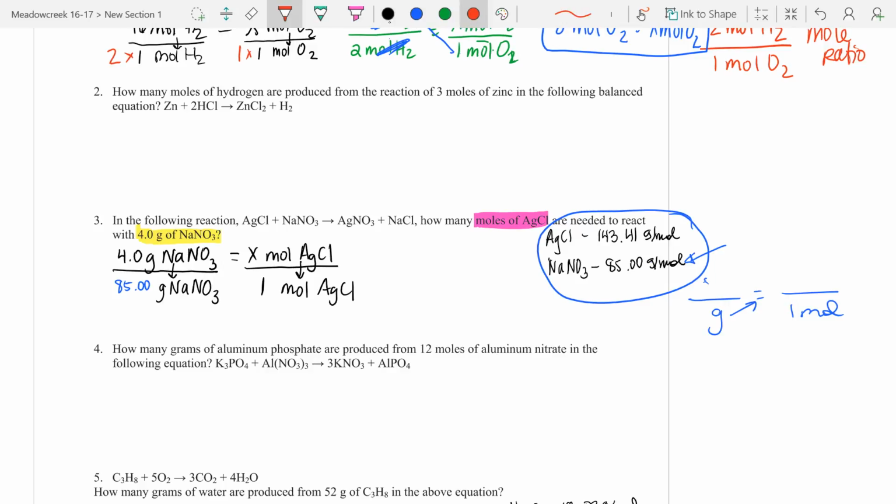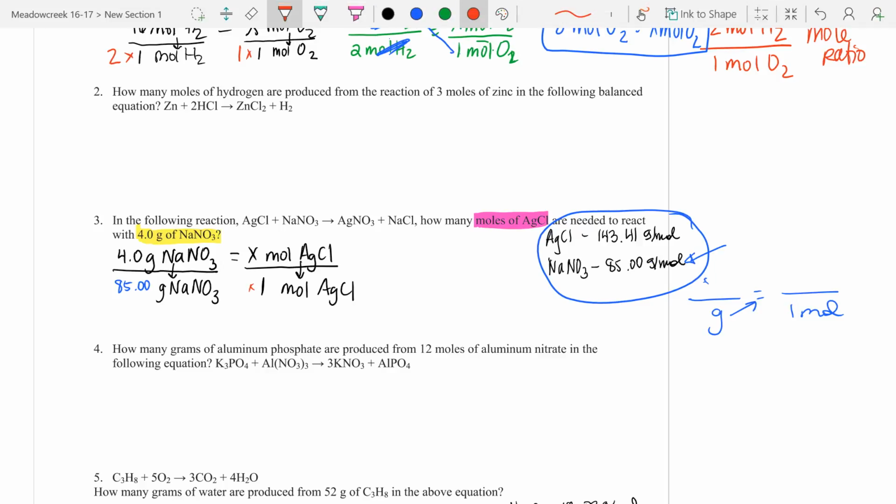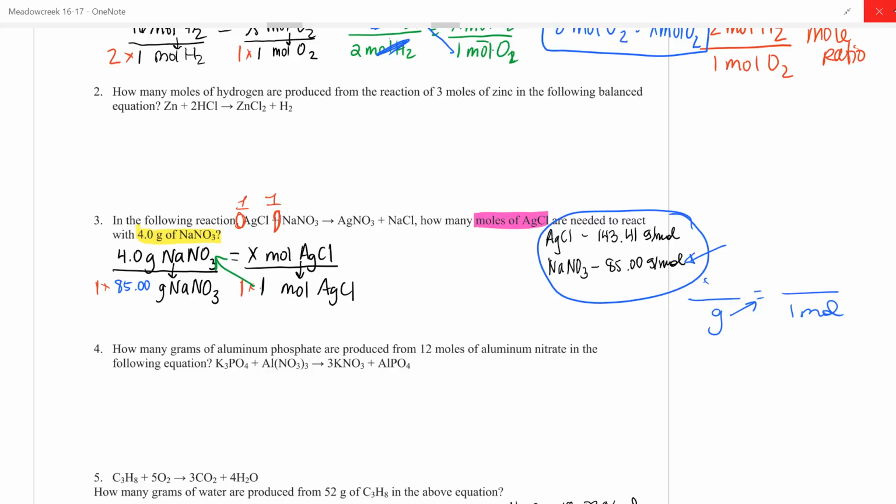Now, because we are looking at two different problems, two different compounds, we have sodium nitrate on the left and silver chloride on the right. We still have to multiply by our mole ratio in order to keep things balanced. Now, if we look at sodium nitrate, there's nothing in front, and if I look at silver chloride, there's nothing in front, which means there are ones. Now, if I multiply by 1, that doesn't change anything mathematically in my problem. So I'm just going to cross multiply here. 1 times 4.0 is 4.0 divided by 85.